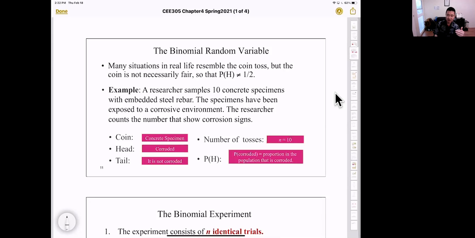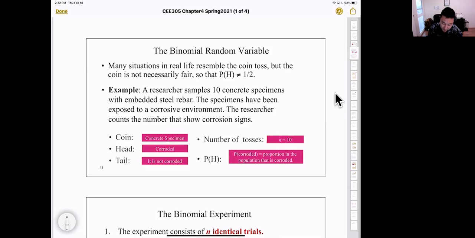So this experiment is similar to the coin experiment. Here the coin will be a concrete specimen. In the coin experiment, we define head as success, and in this experiment, we can define a corroded specimen as success.